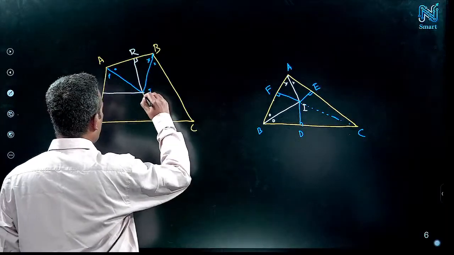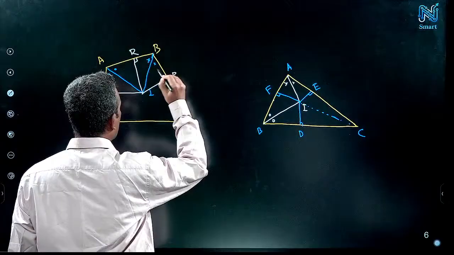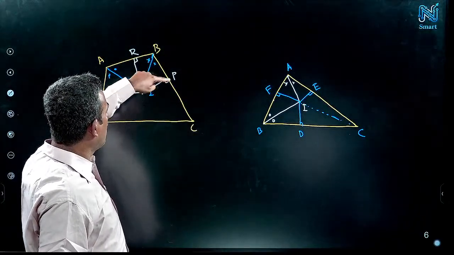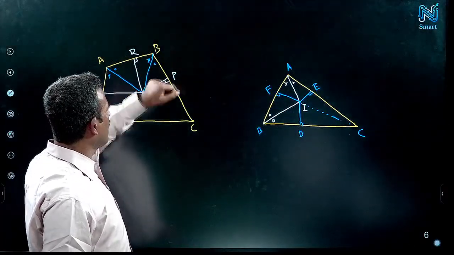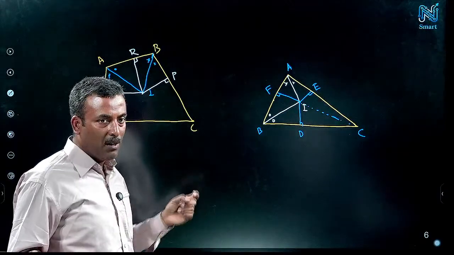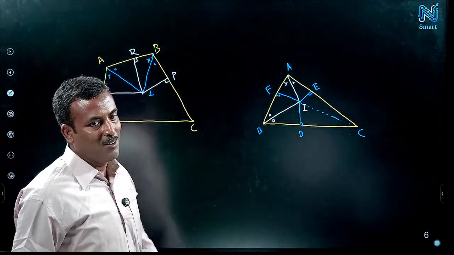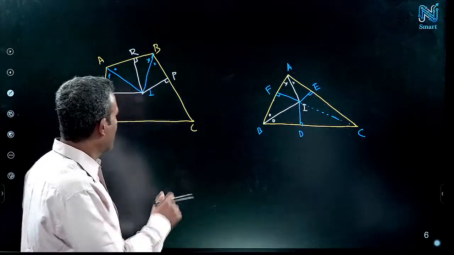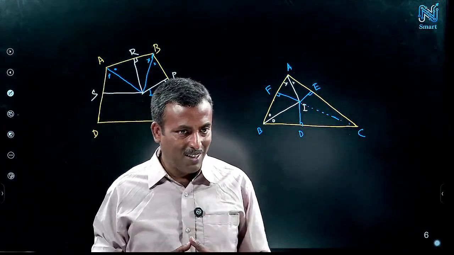Similarly, if we draw a perpendicular here, say P, then since RBI equals PBI, IR is the same as IP, right? Now I don't know whether the angle bisector from C passes through I or not. If it is passing through I, then done. Then the three perpendiculars drawn are of equal length.